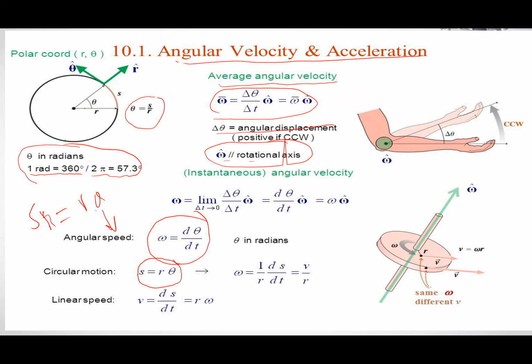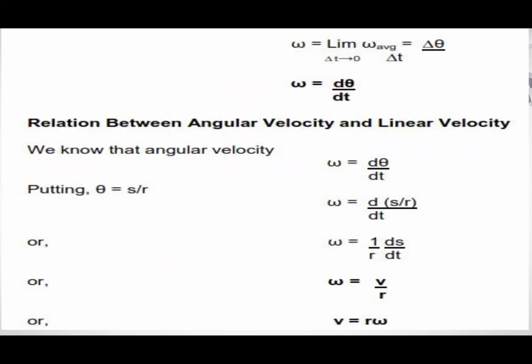Theta is the angular displacement, r is the radius, and s is the linear displacement. V is equal to r omega, where v is the linear velocity and omega is the angular velocity. So this is the relation between these two quantities, and we will derive it right now.